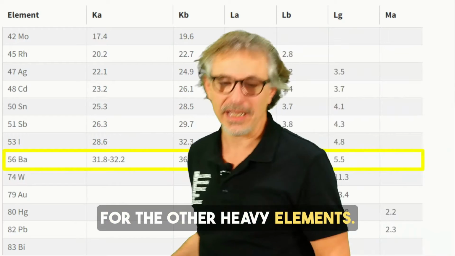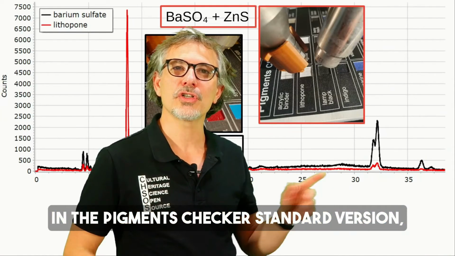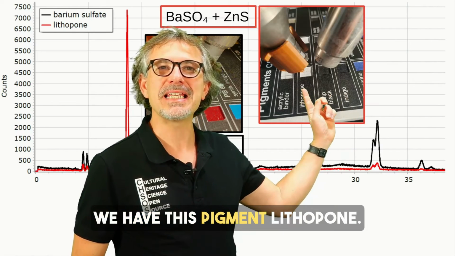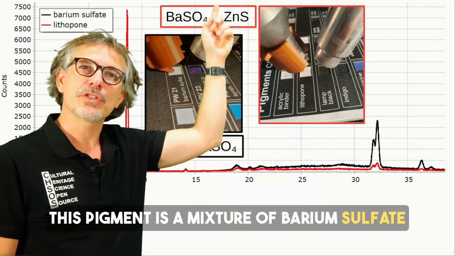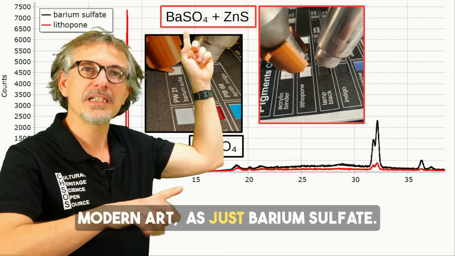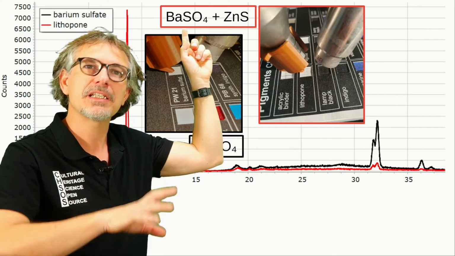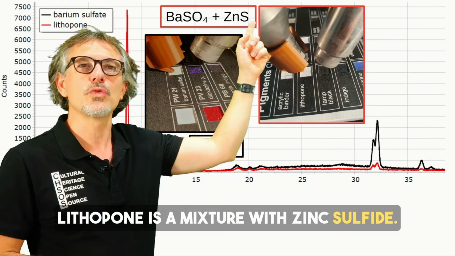In the Pigment Checker standard version we have the pigment lithopone. This pigment is a mixture of barium sulfate, which we already analyzed in the Pigment Checker Modern Art, and zinc sulfide.